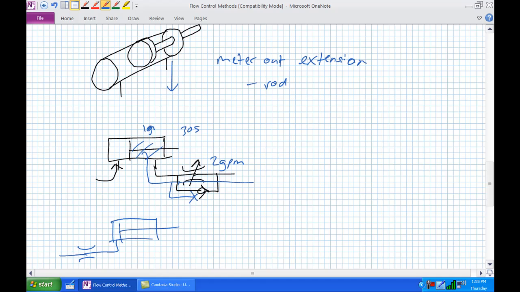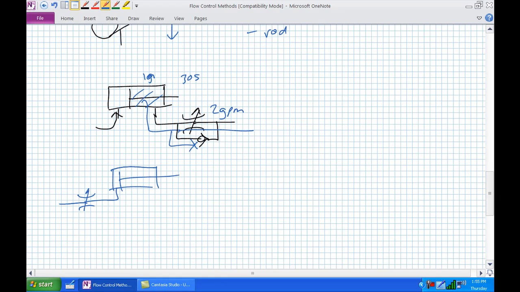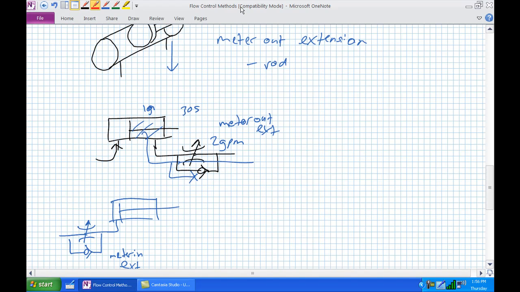I mean, here is meter in extension, and there's meter out extension. Just refreshing again.